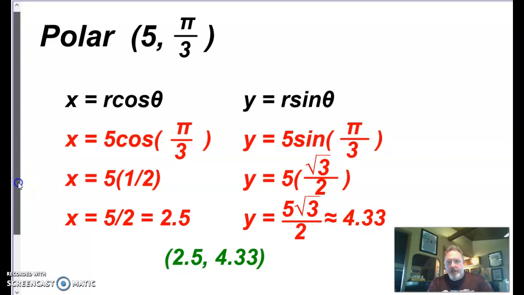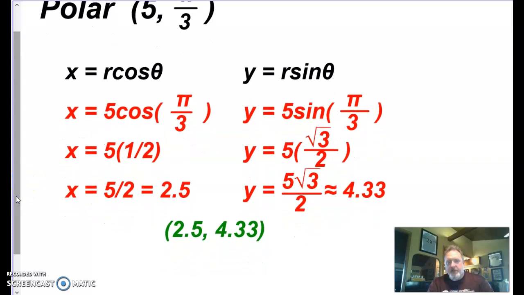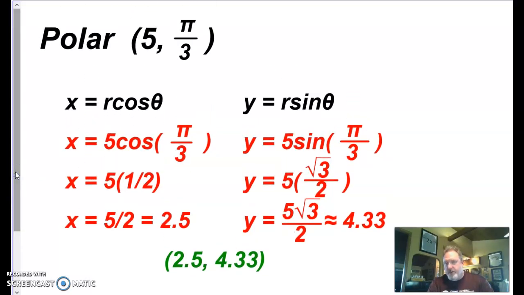One last one here, and again, you can use the calculator or use the exact values from your unit circle. Pi over 3 is 60 degrees. So 5 cosine of pi over 3. Cosine of pi over 3 is a half, so 5 times a half is 2.5. Sine of pi over 3 is square root of 3 over 2, and 5 times that as a decimal is 4.33.